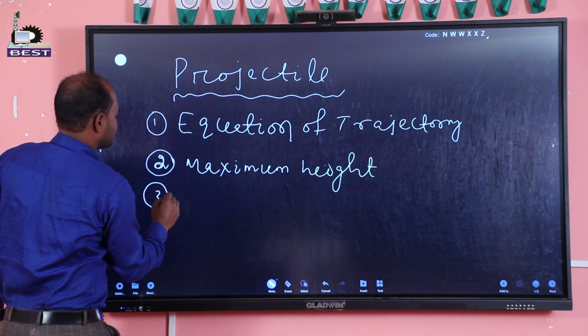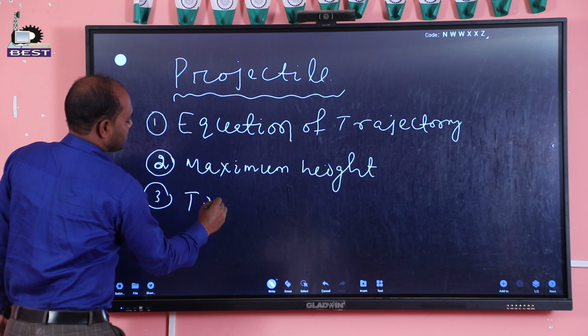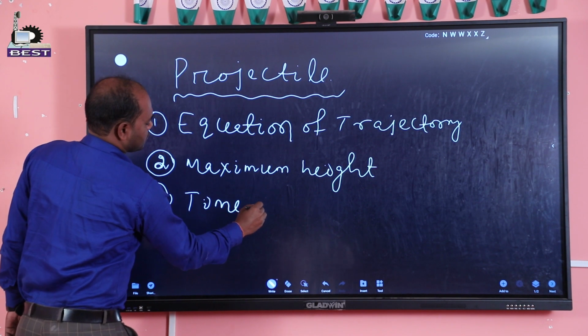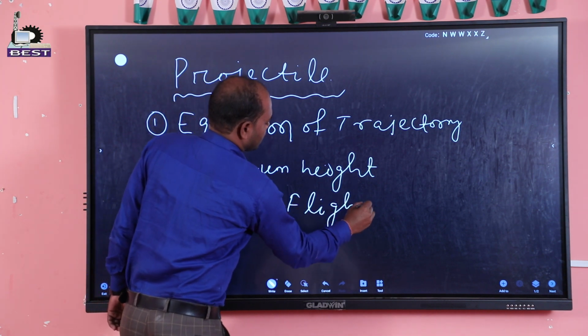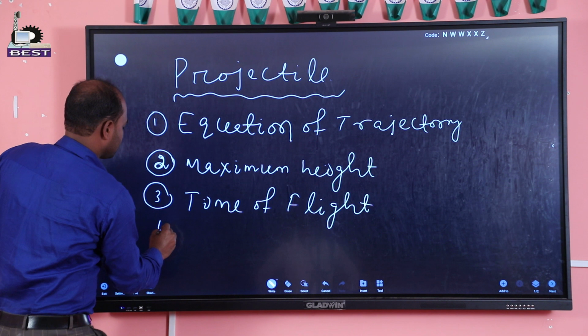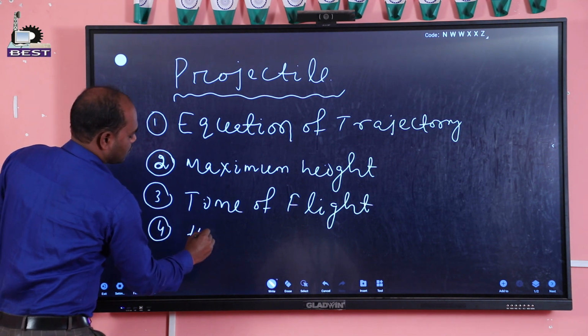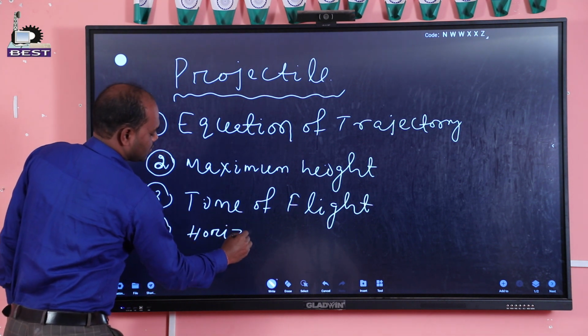Third one is time of flight. And last one is horizontal range.